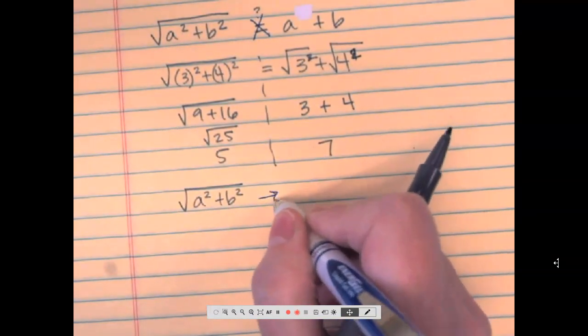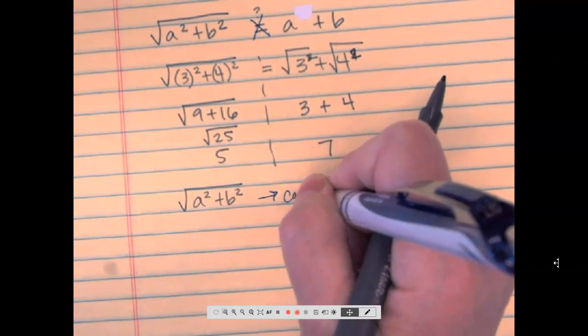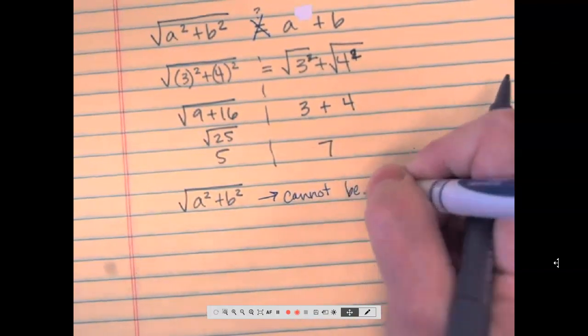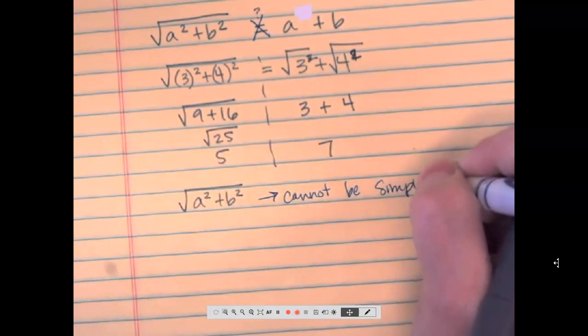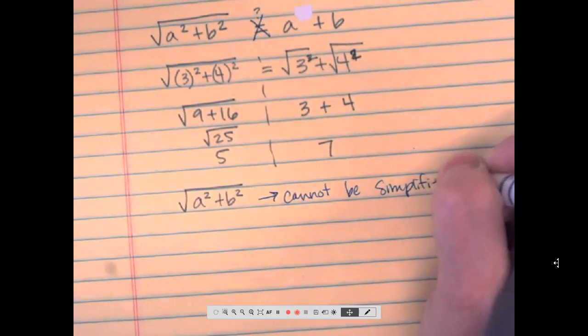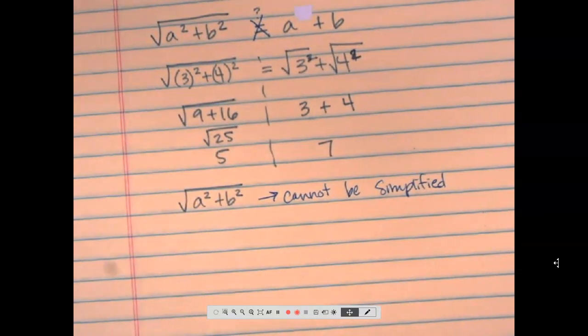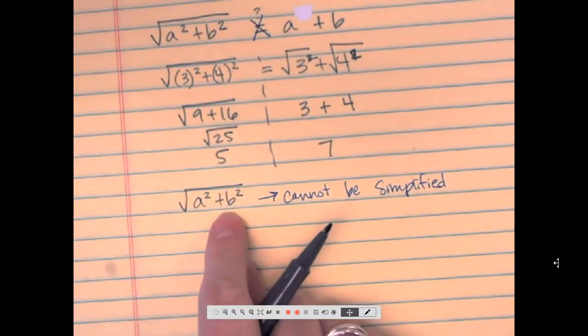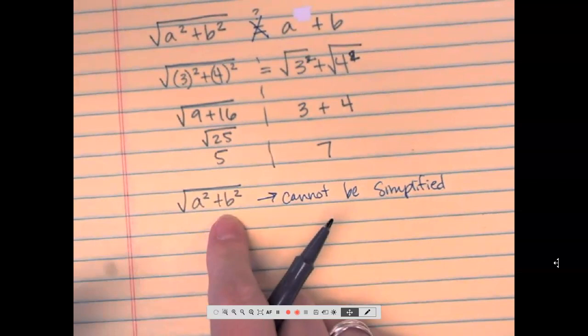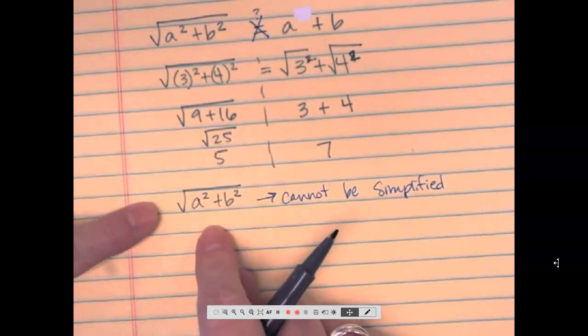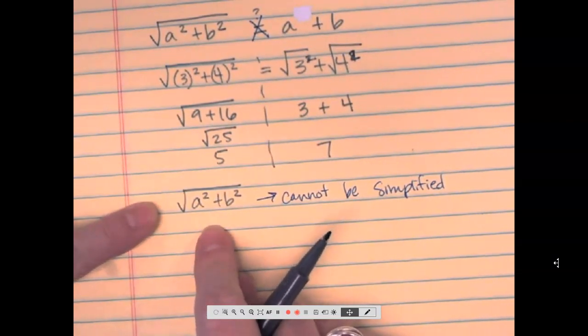This cannot be simplified any further unless you're going to tell me what a and b equal. And if I have numbers for a and b, then I can simplify. But without knowing anything else, I cannot do anything with that. And that is a very common mistake, that we just want to make it a plus b, because it just seems right.